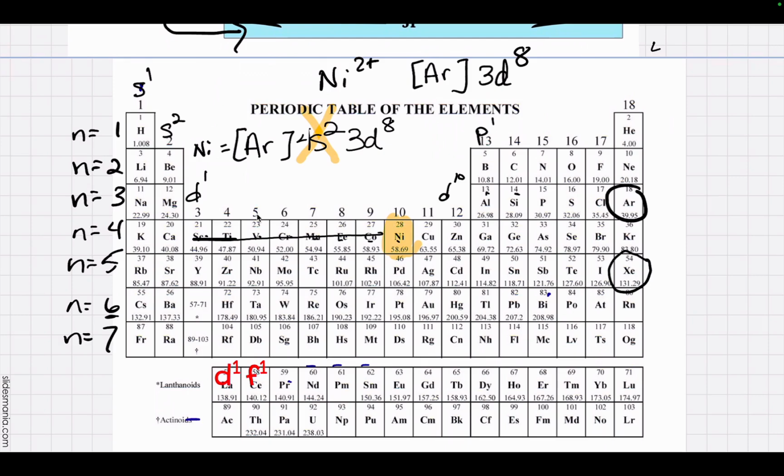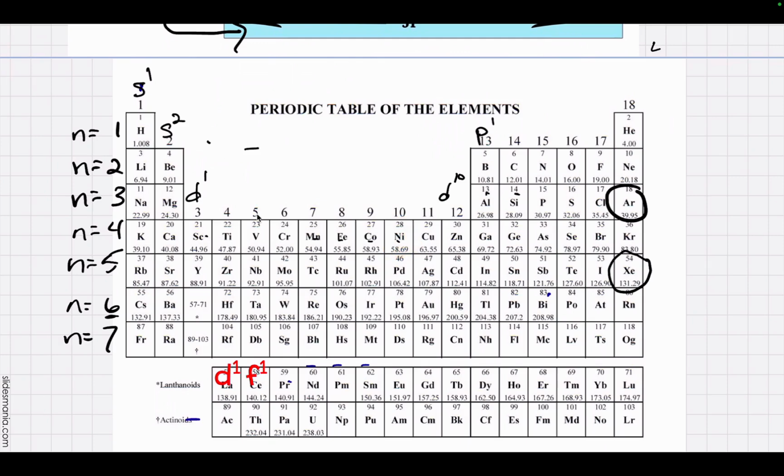Let's do a different one now. We're going to do europium, which is down here. So the atomic number is 63.